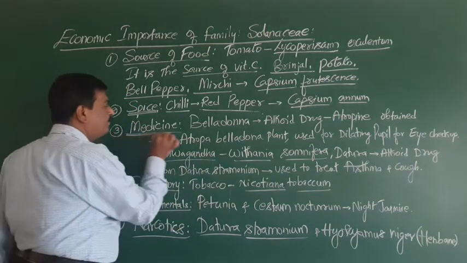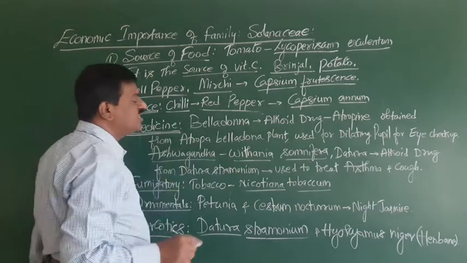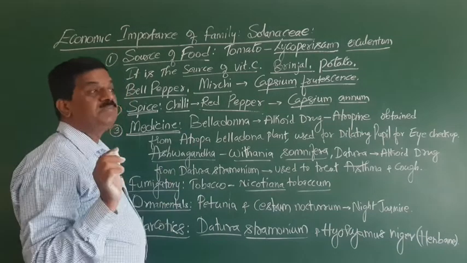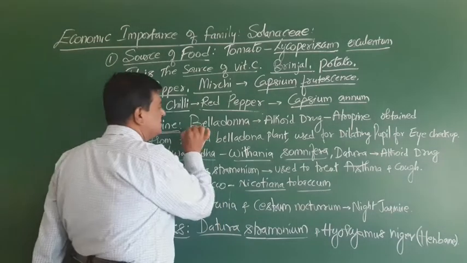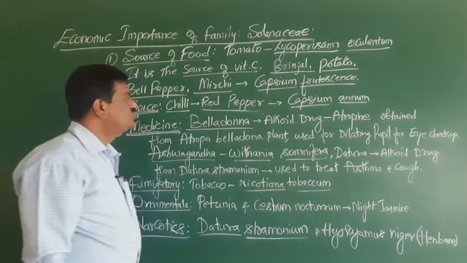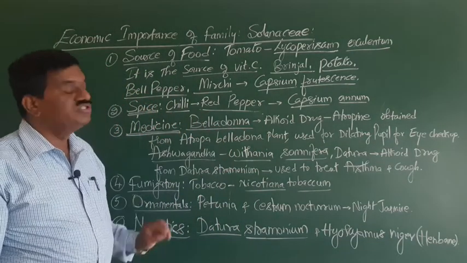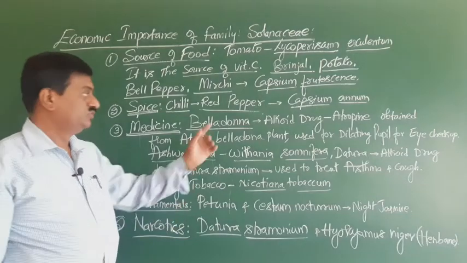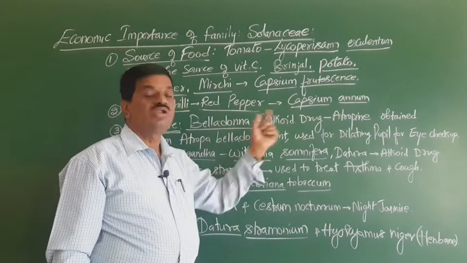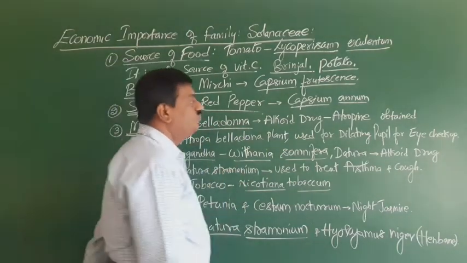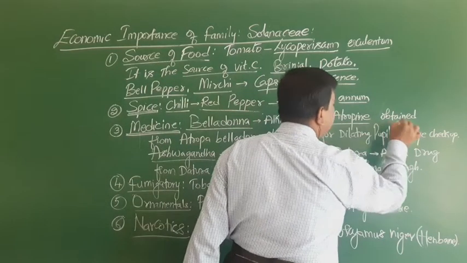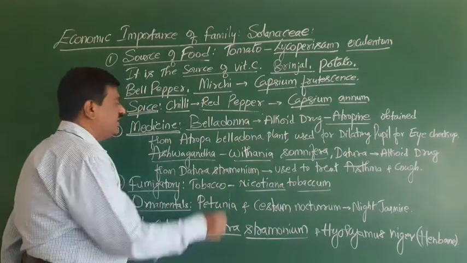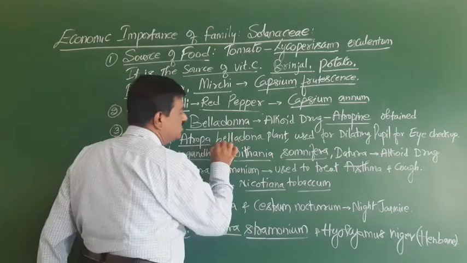Next one is medicine. Here some of the plants are medicinal plants. One is called Belladonna. This Belladonna produces an alkaloid drug, atropine, obtained from a plant called Atropa belladonna.